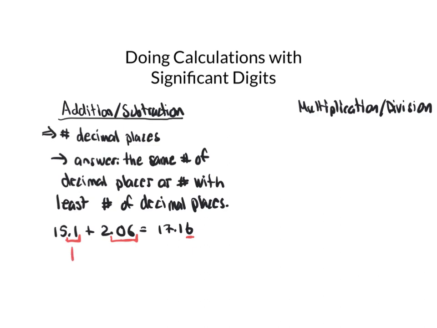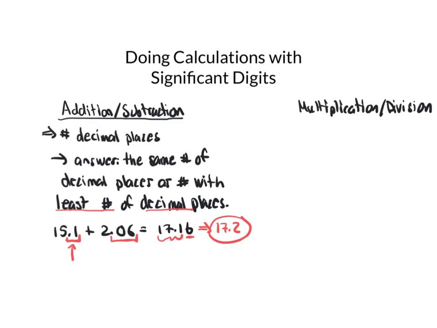So this is the number with the least number of decimal places. And so my answer can only have one decimal place. So that means I need to round this up, and so my final answer would be 17.2. So when we're adding and subtracting, we're looking at the number of decimal places.